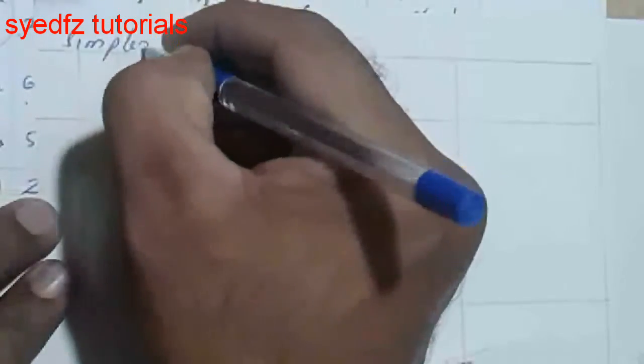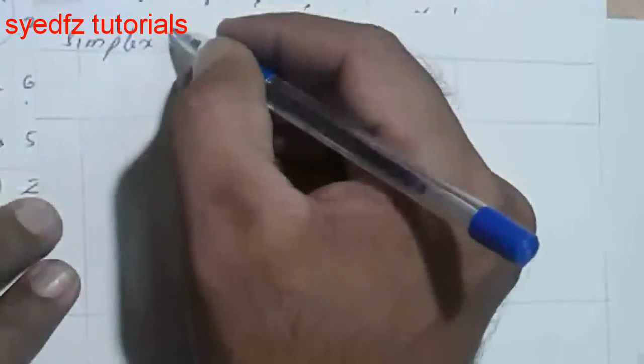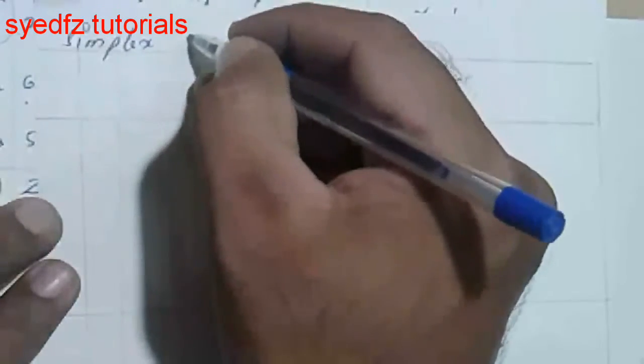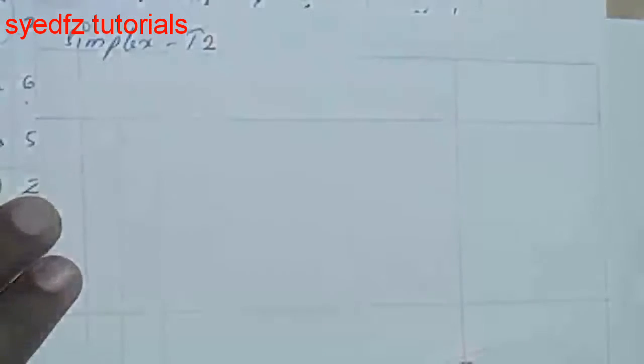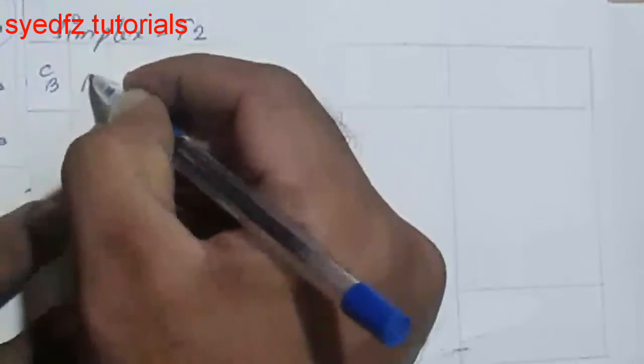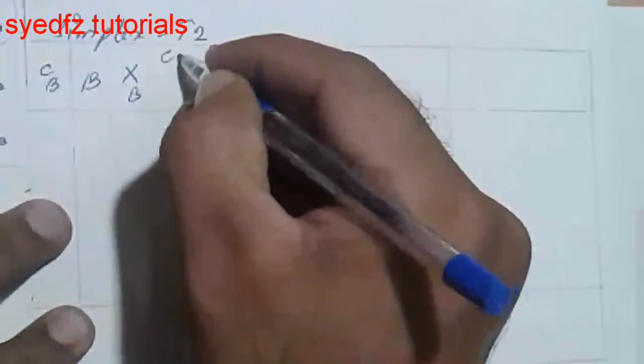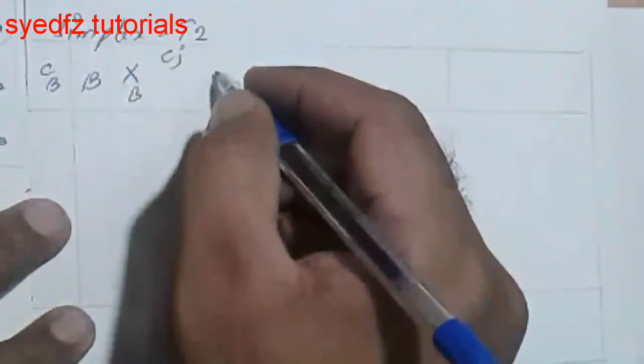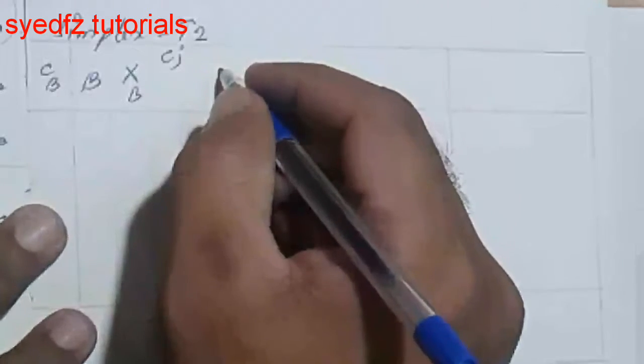Simplex table second. What we have to do first is take contribution to basic variable, then basic variable, then solution to basic variable. Here is Cj, contribution to objective function.